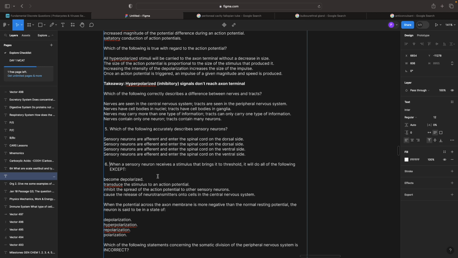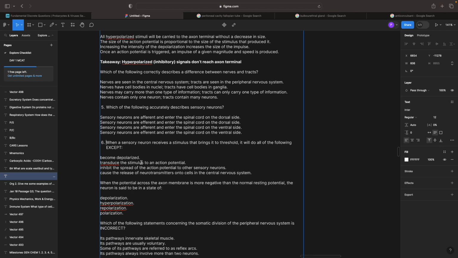When the sensory neuron receives a stimulus that brings it to threshold, it will do all the following except: become depolarized, transduce the stimulus to an action potential, inhibit the spread of the action potential to other sensory neurons, cause the release of neurotransmitter onto cells in the CNS.